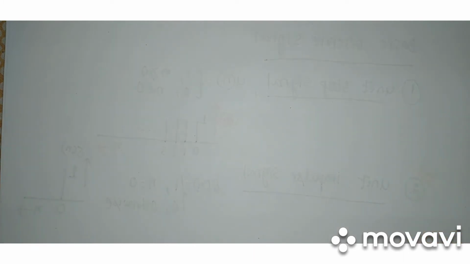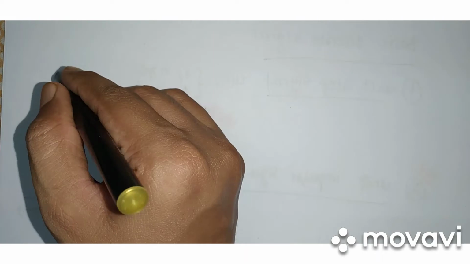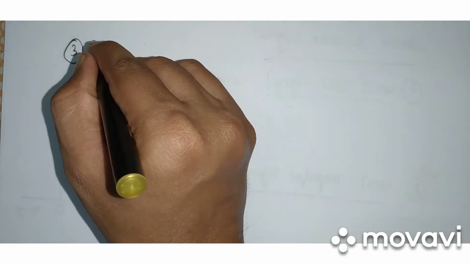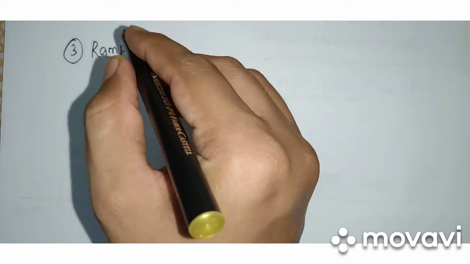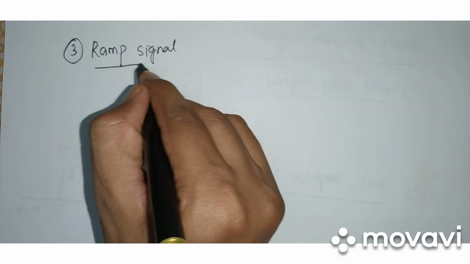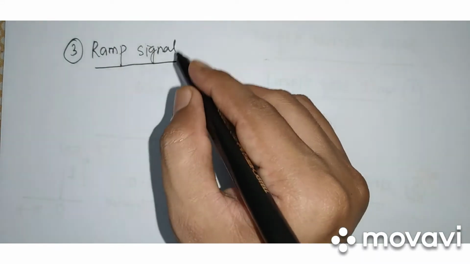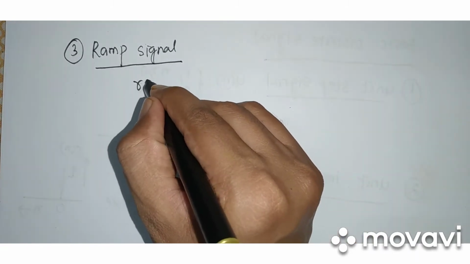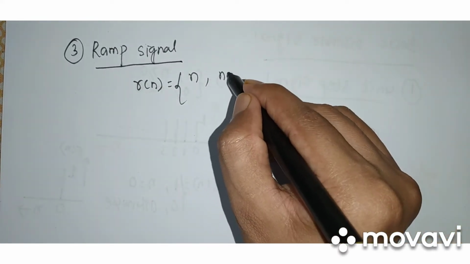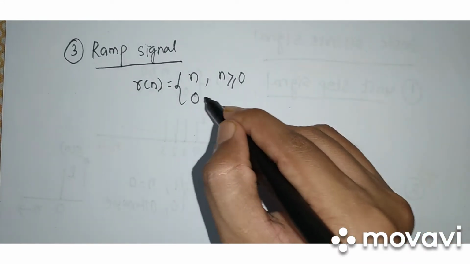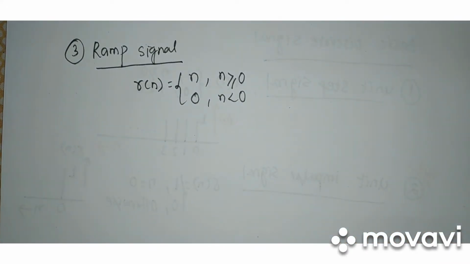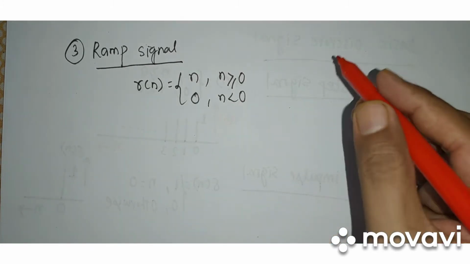Now, next is your ramp signal. Ramp signal. These all are discrete domain. Clear? It is represented or defined by r of n equals to n for n greater than equals 0 and 0 for n less than 0. Okay, how is the representation? It's very simple.